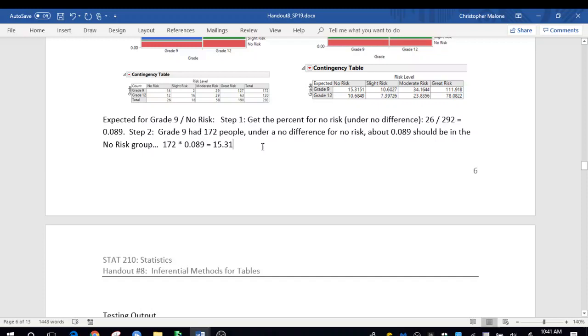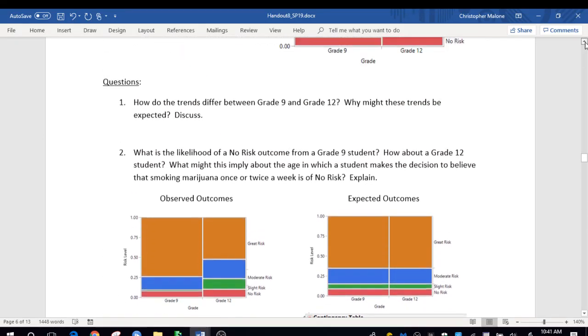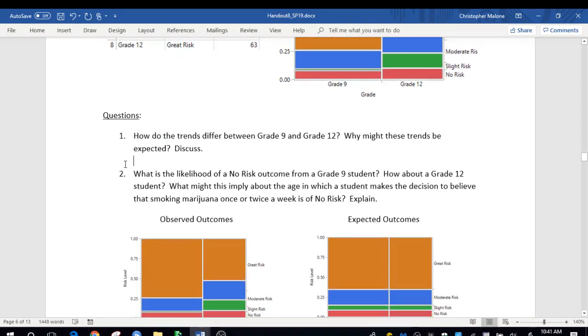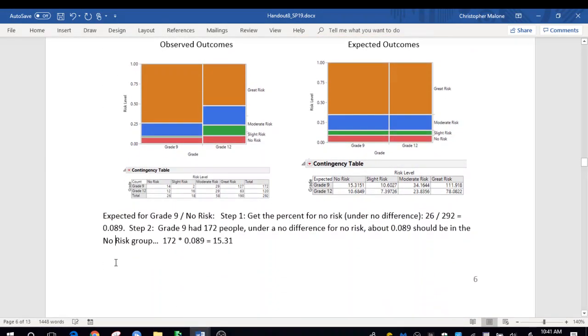To measure the amount of difference between what I see on the left-hand side and what I see on the right-hand side, we're using our standard chi-square statistic to do that. So maybe a little bit on that.